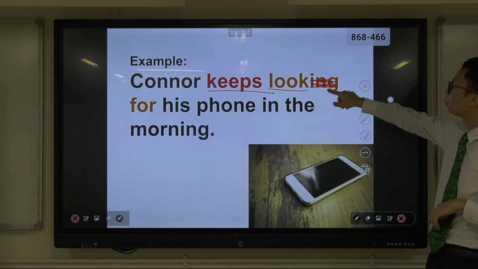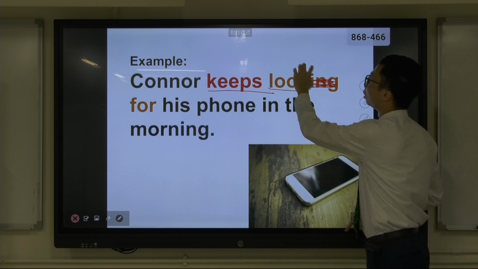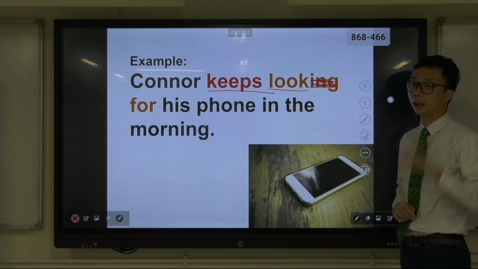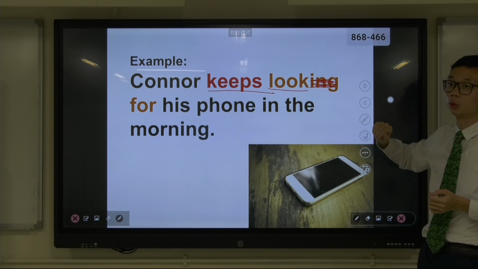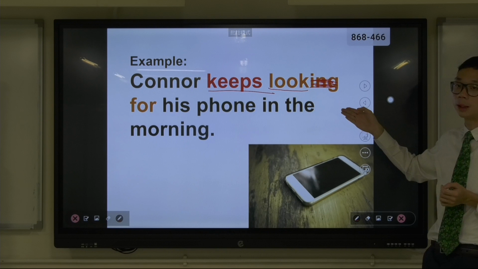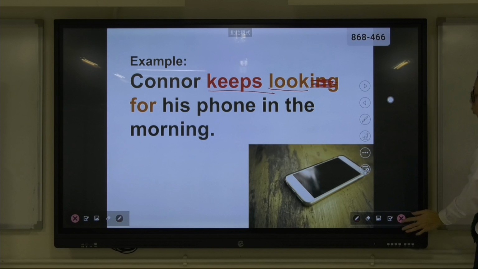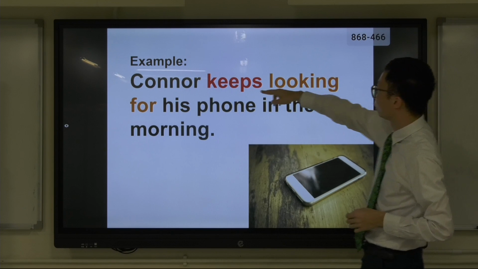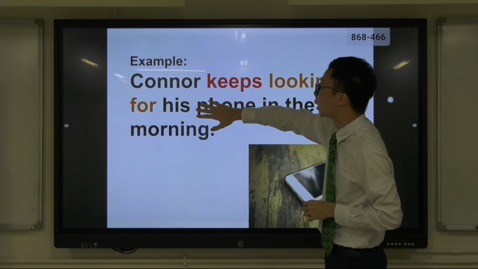Without the gerund version, it would be Connor keeps look for his phone, with two verbs, so as with the earlier rule, one verb has to change form. The earlier to-infinitive version adds a to, while this gerund version changes it into ing. How do you remember which takes ing and which takes to? You have to memorize them. So you use the word keep, and then looking for. The word keep is in the verb list for using gerunds.